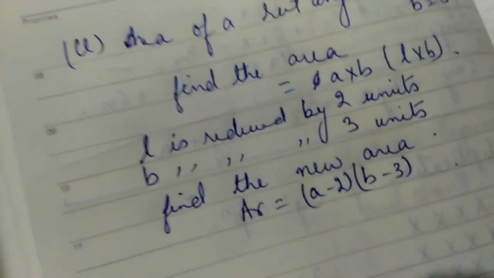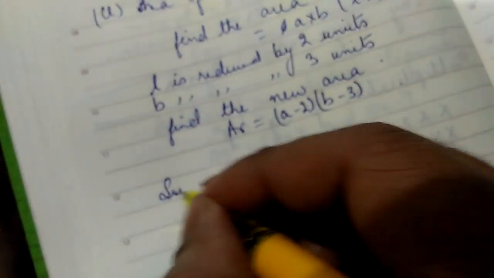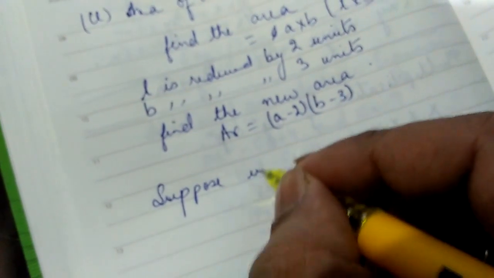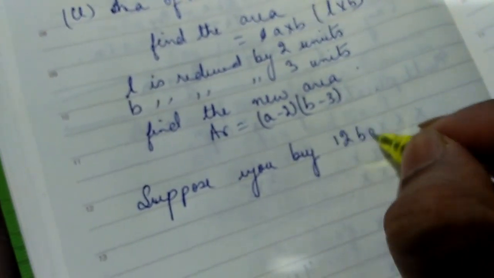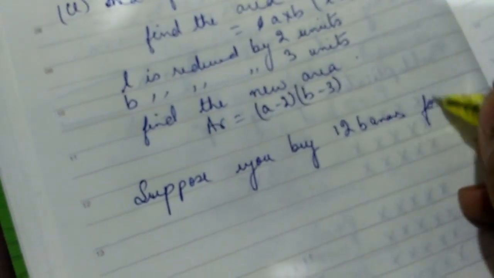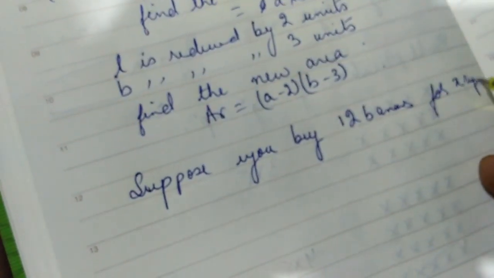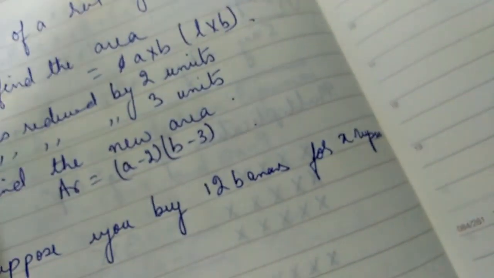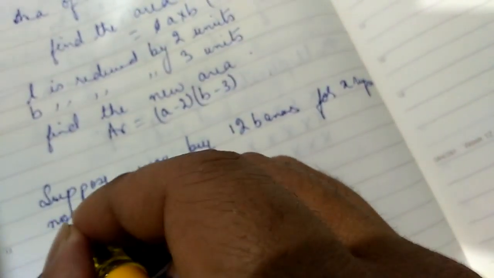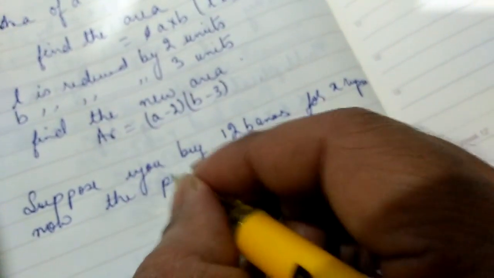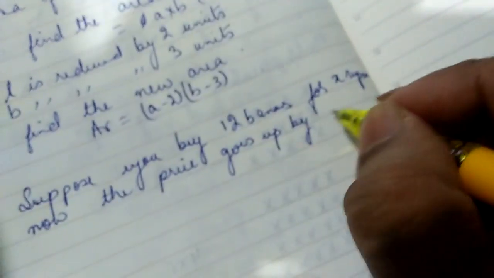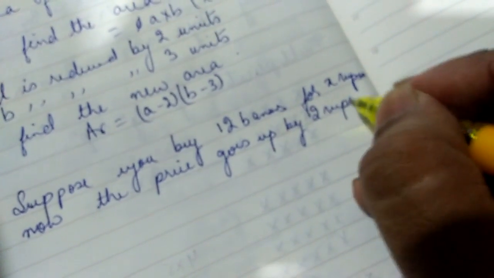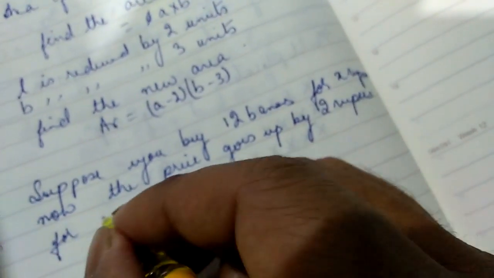Okay, the same thing can be questioned as, suppose you buy 12 bananas for x rupees. Now the price goes up by 2 rupees for each banana.